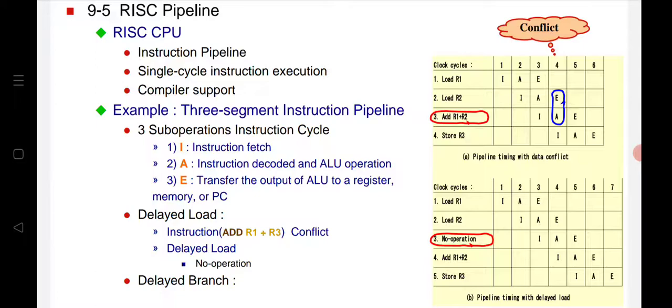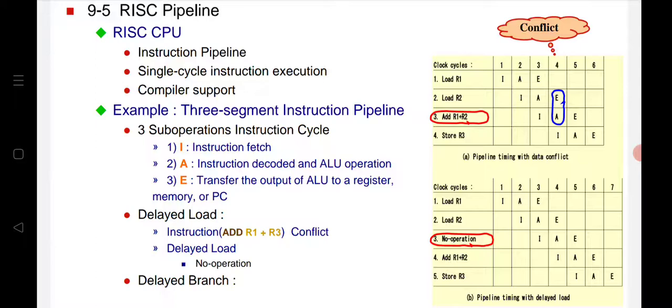Now if I'm using a delayed load, at the third instruction, instead of doing add R1 plus R2, I perform no operation. Next, the fourth instruction will be my add R1 plus R2. Now in the fourth clock pulse, the load R2 value will be loaded in the R2 register. The no operation instruction will be decoded, and the ALU operation is not required at all, and the add R1 plus R2 instruction is fetched.